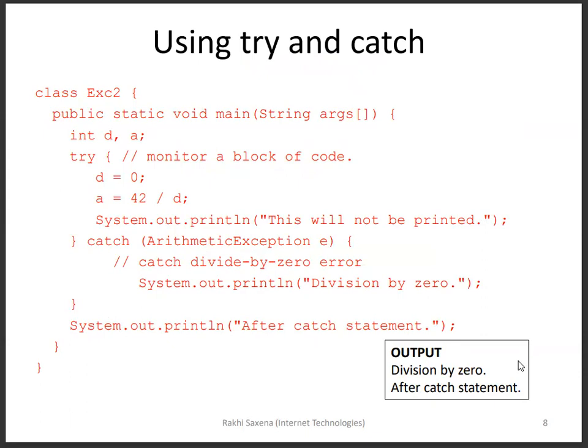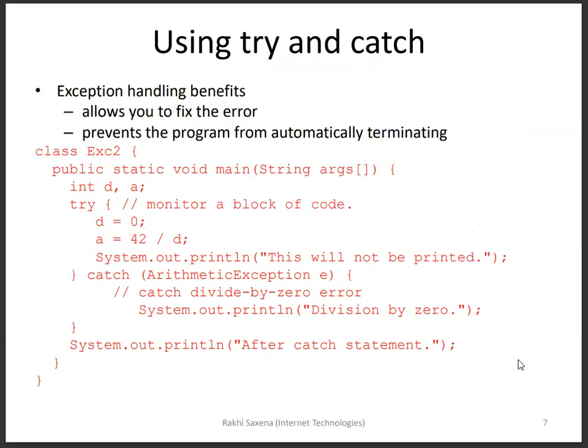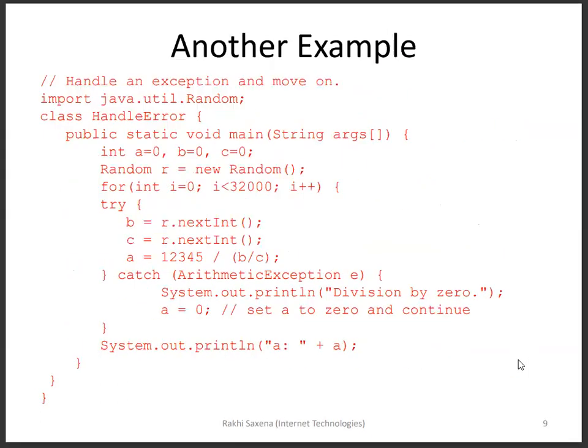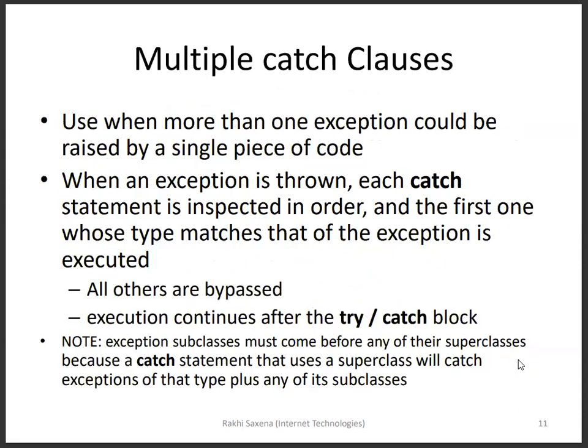So when an exception is thrown, each catch statement is inspected in order, and the first one whose type matches that of the exception is executed. All others are bypassed. Execution continues after the try catch block.